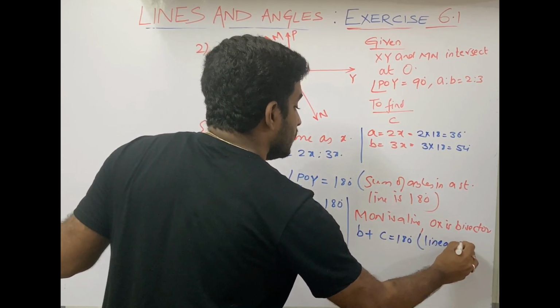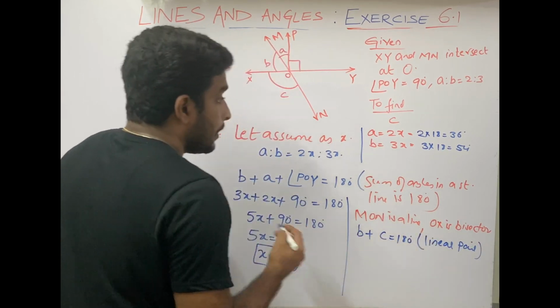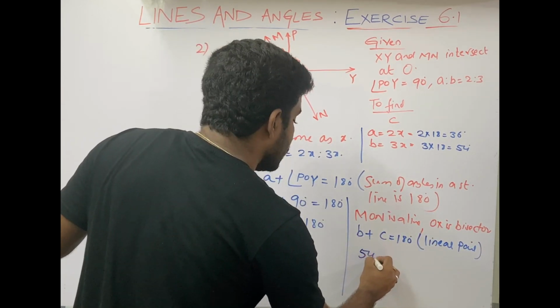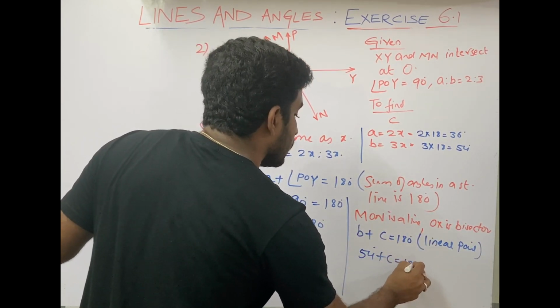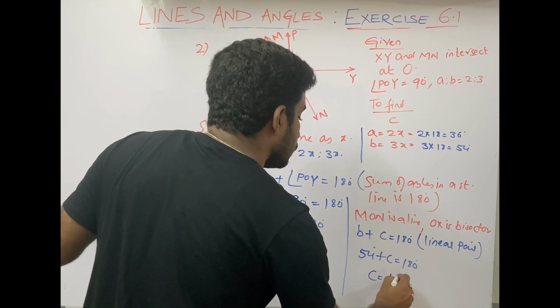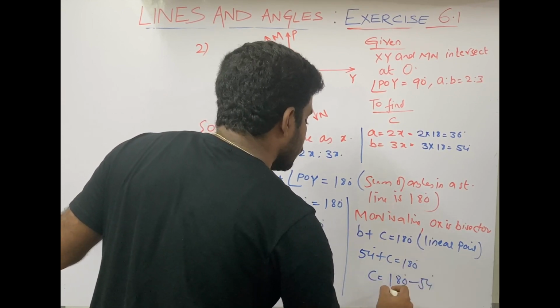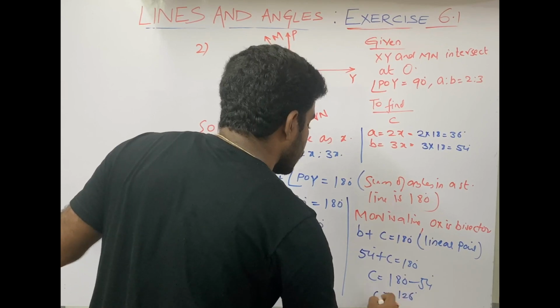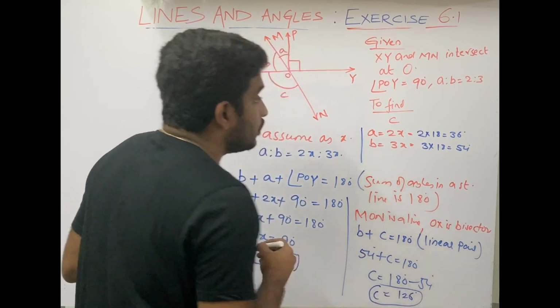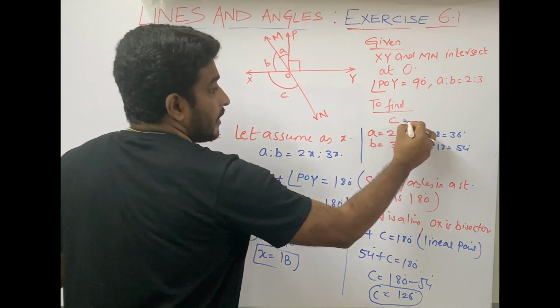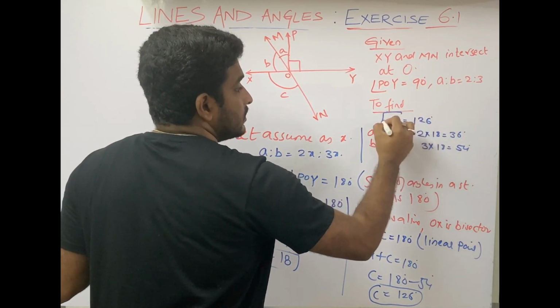The reason will be linear pair. See, B we have 54 degrees plus C equal to 180 degrees. C equal to 180 degrees minus 54 degrees equal to 126 degrees. So the final answer of C will be 126 degrees.